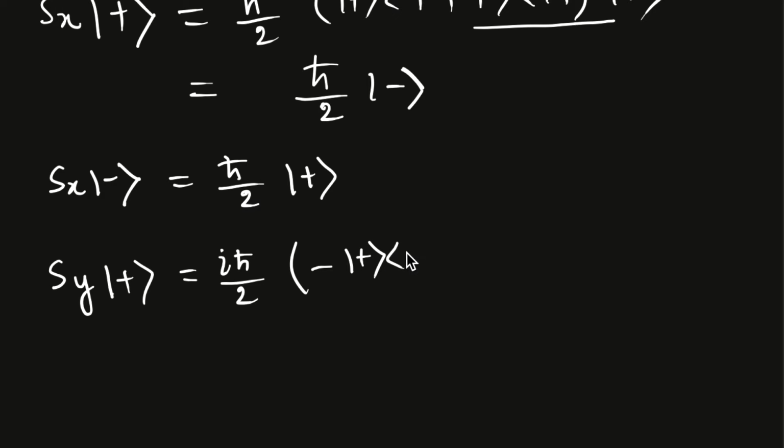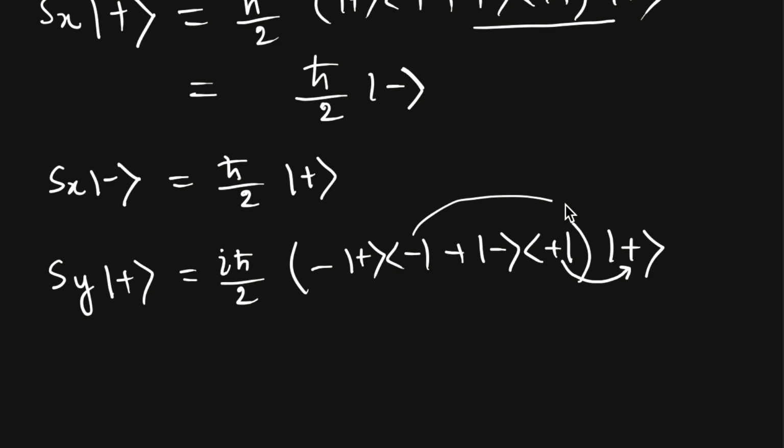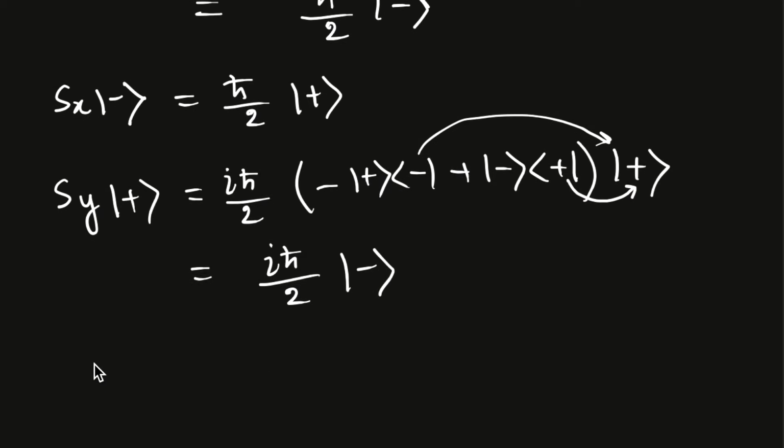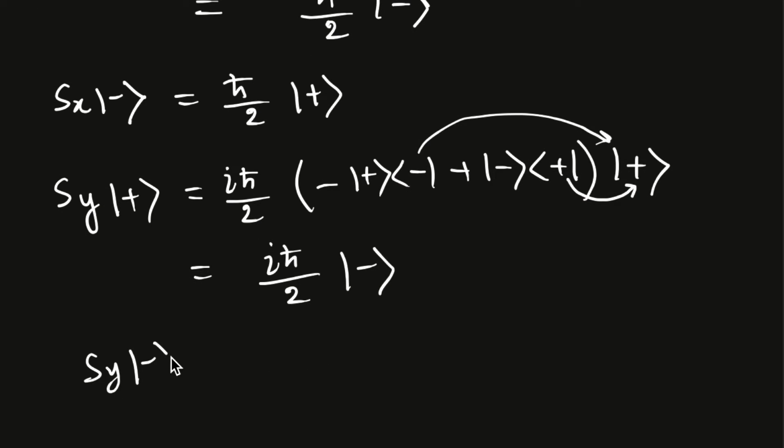Similarly, operating on the minus ket, it will give minus i ħ by 2 plus.